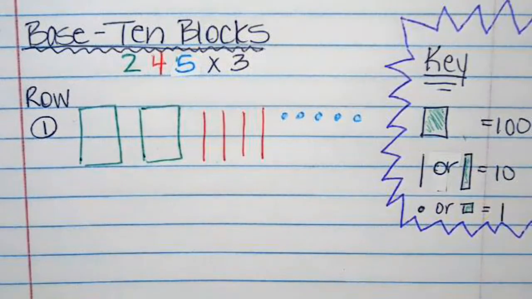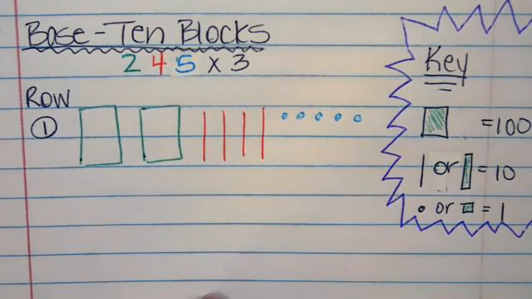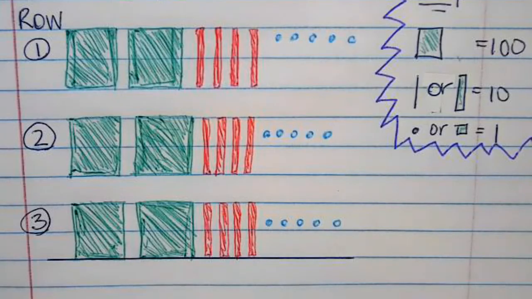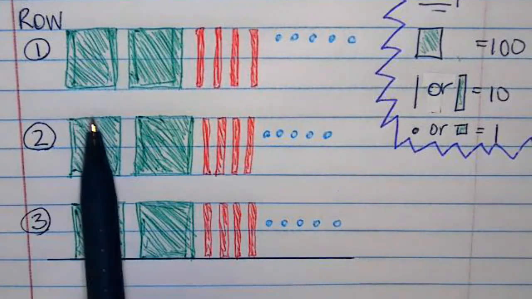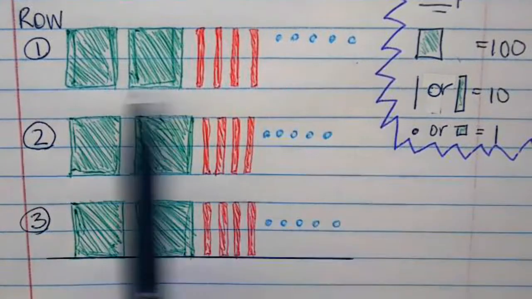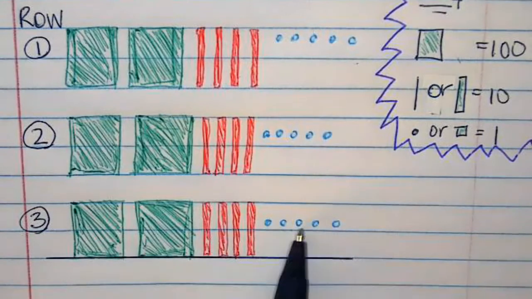I'm not only going to do that one time, but a second time and a third time. So now I drew out 245 in 3 different rows.